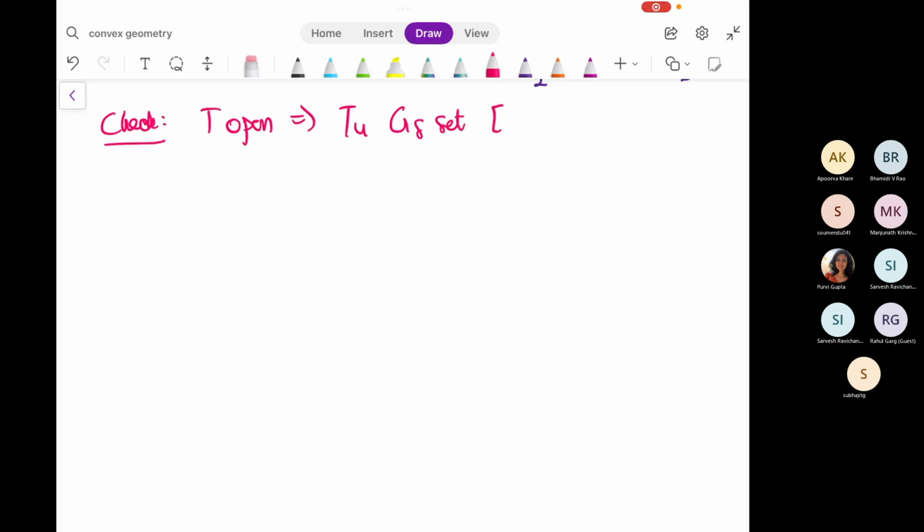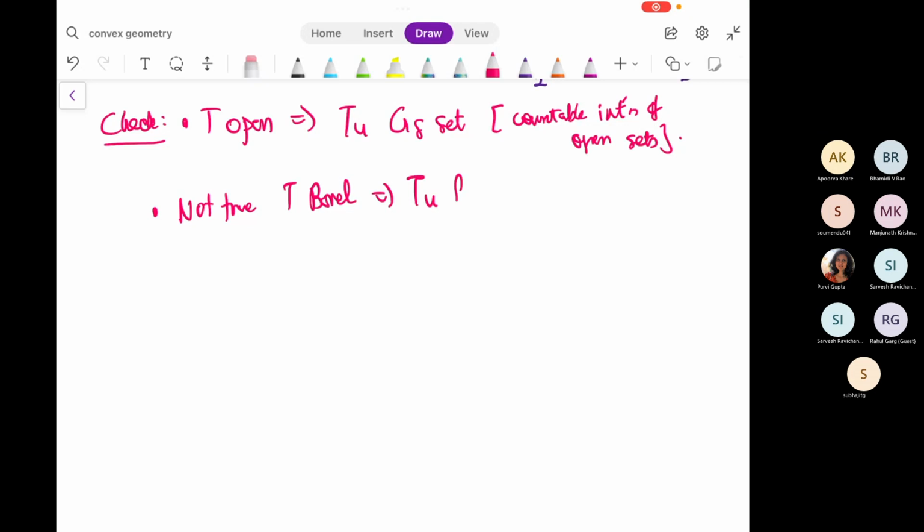A G delta set is a countable intersection of open sets. And it's not true that if T is Borel, then the symmetrization of TU needs to be Borel. This is not true, and a counterexample also can be found in Kranz's book.